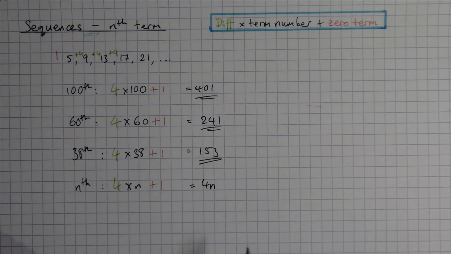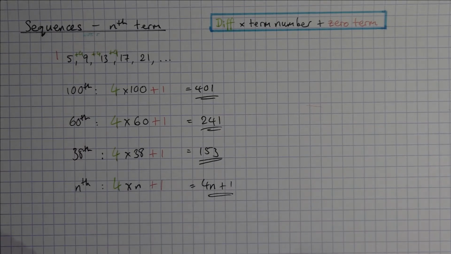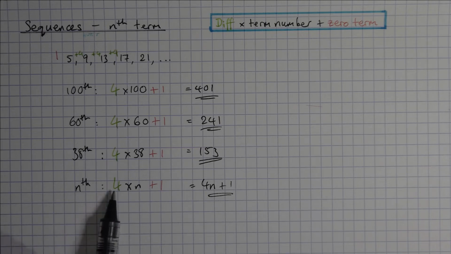That's how you write multiplication in algebra. We don't bother with the times sign. 4n plus 1. We can do any letter, but traditionally we use n when we're doing sequences. It's just standing for any position at all in the sequence. It's nothing scary. It's just saying to get anywhere in the sequence, do 4 times that, then add 1.